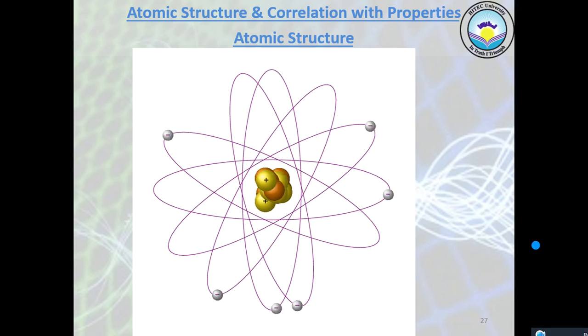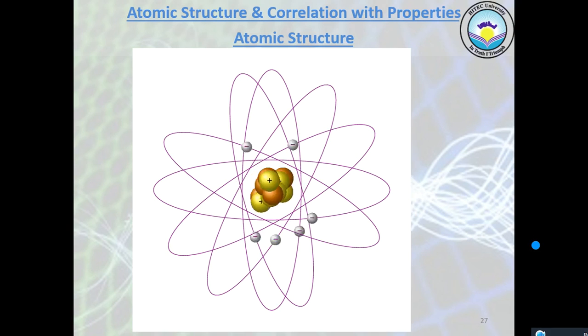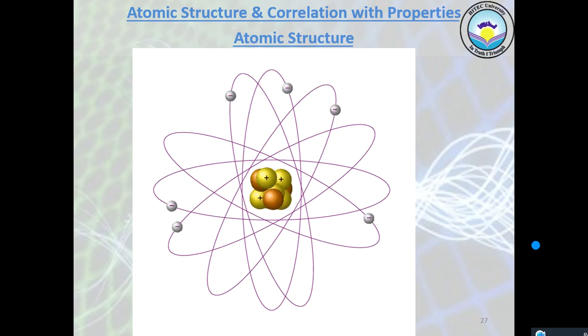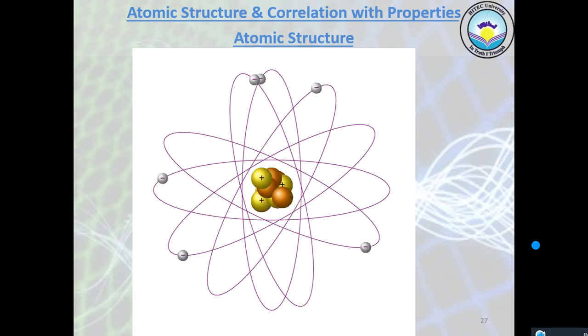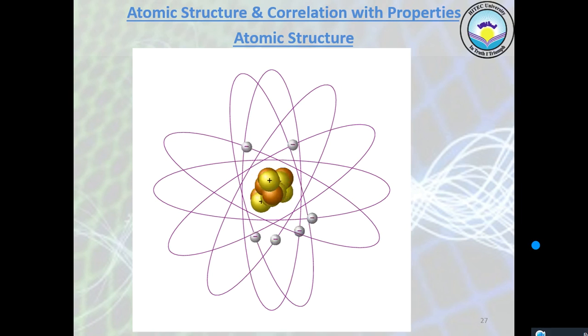So Bohr's model presented in 1913 was basically, you can say, the unit cell of materials science and engineering. Explaining the atomic structure was not an easy task. You can see here protons and neutrons densely packed inside the nucleus.